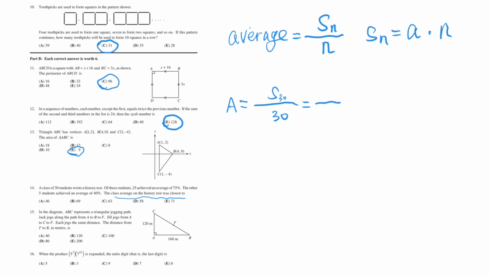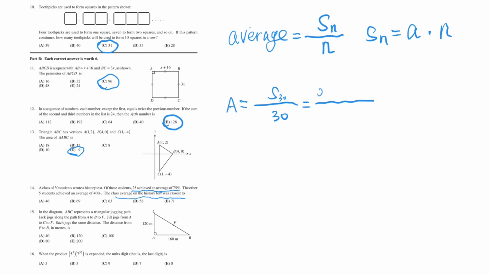For the sum of the 30 students, they give 25 students achieving an average of 75%. We know 'of' means multiplication.